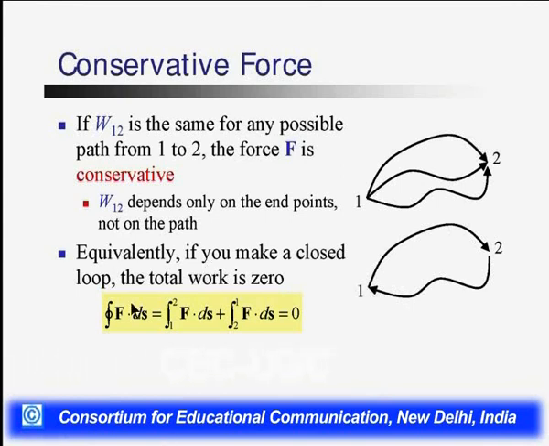That is defined by the integral of F ds from 1 to 2 plus the integral of F ds from 2 to 1, which is equal to 0. So the work function will be 0 if we consider the loop.